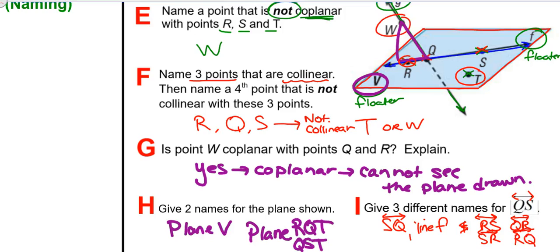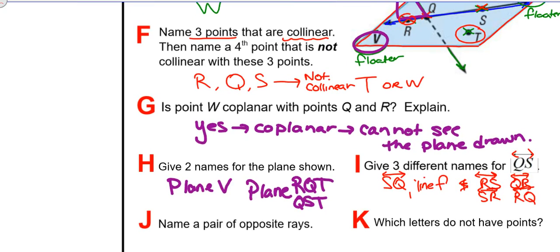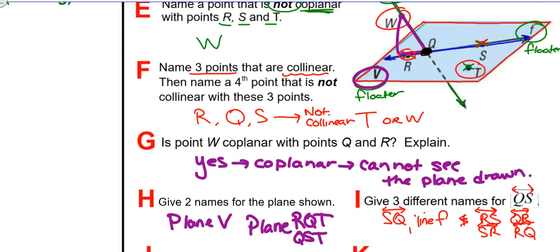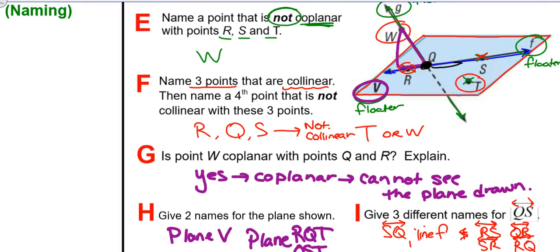Then the next question asks about opposite rays. Opposite rays, remember, have to go one forward and one backward, one up, one down. They have to go in different directions, but they have to start at the same place. So if I look at this, Q is my starting point, and I have two rays that go in opposite directions from Q. I have one that goes to the right, and I have one that goes to the left. If I wanted to go up, that would be good, except I don't have anything that goes down.